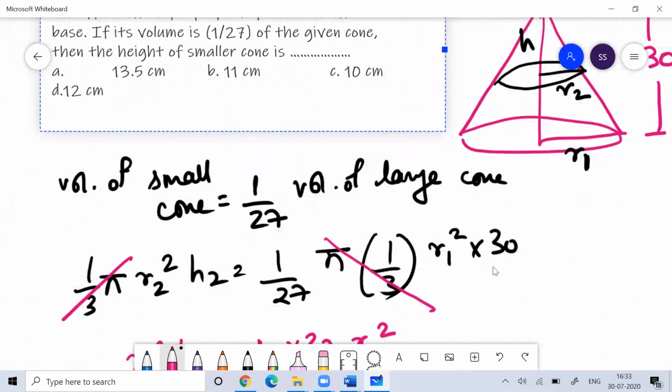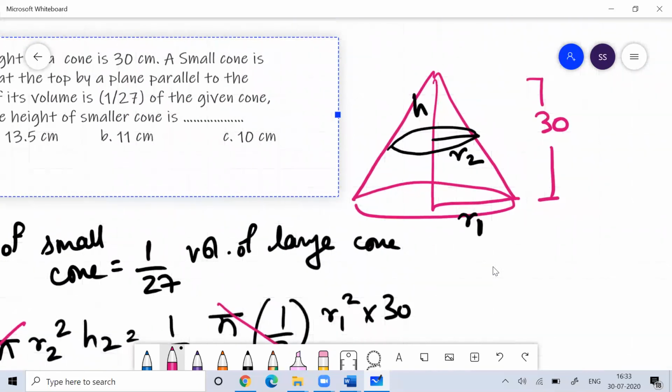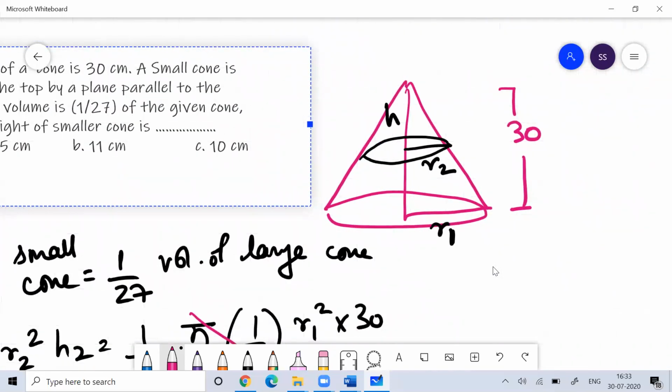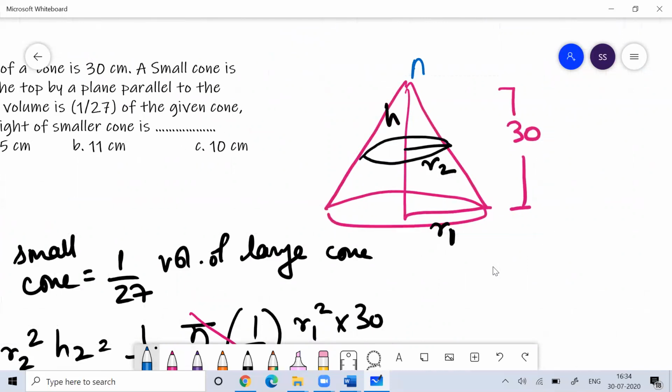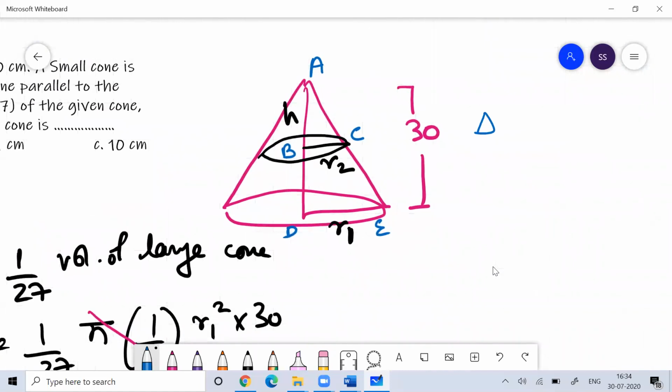Okay, and next thing, you know that they form a similar triangle. Like this is A, this is B, this is C, this is D, this is E. You know that triangle ABC would be similar to triangle ADE.